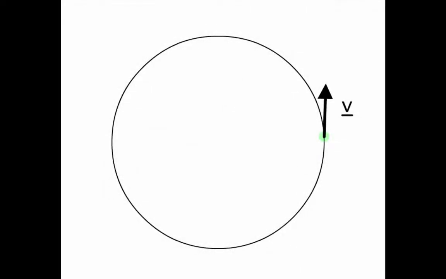For a particle moving at constant speed in a circle, you can see that the velocity vector retains its length, but its direction keeps changing. We can imagine looking at this velocity vector at slightly different times.